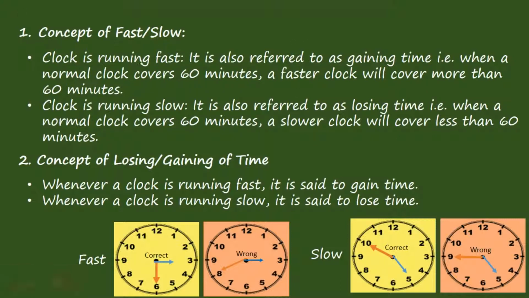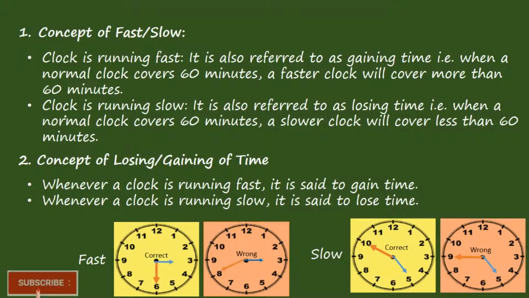Okay, if a clock is running fast, it is also referred to as gaining time. When a normal clock covers 60 minutes, the faster clock will cover more than 60 minutes.